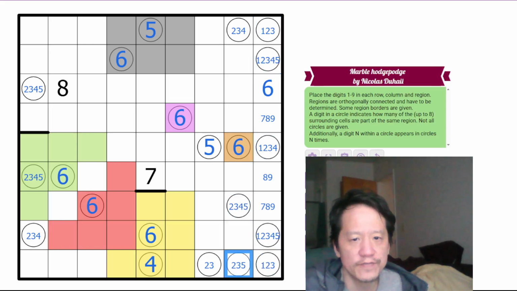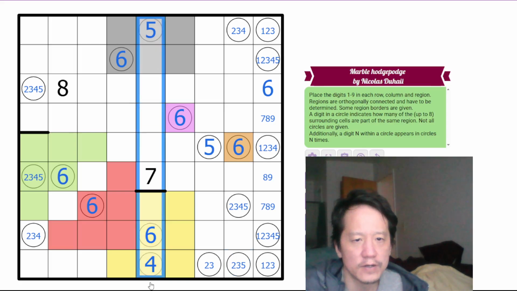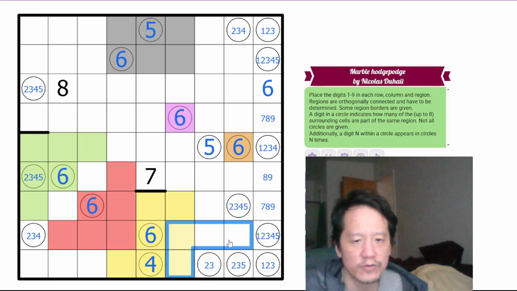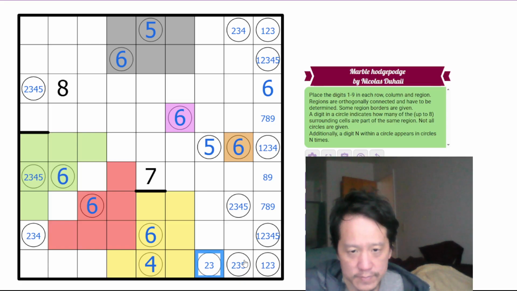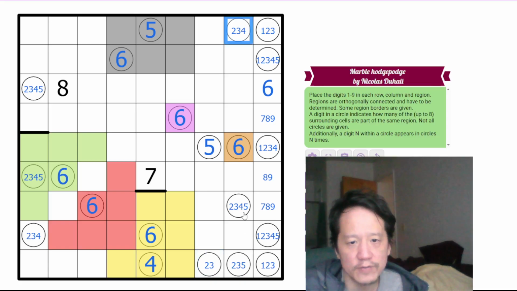Well, we need a 5 here. So this is a 5. This cannot be 5 because that would be yellow. And then this would be 1, 2, 3, 4, 11 in size. This can't be 5, so one of these 2 must be a 5. If one of these 2 is a 5, this can never be 5.